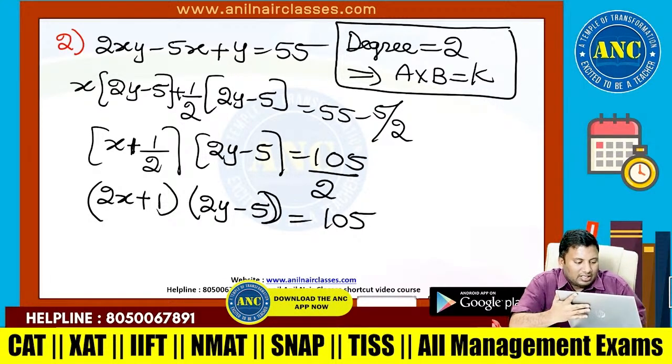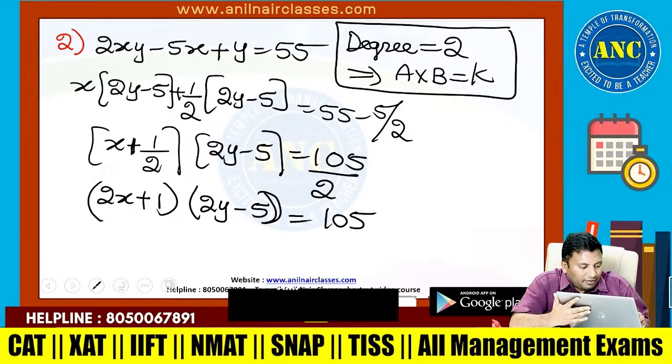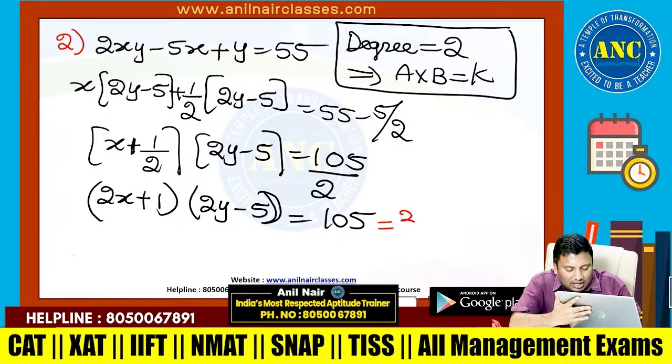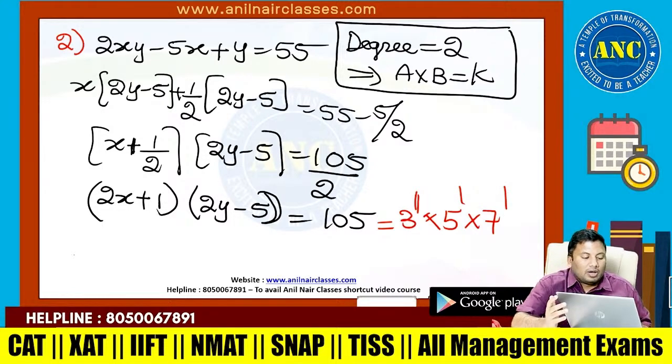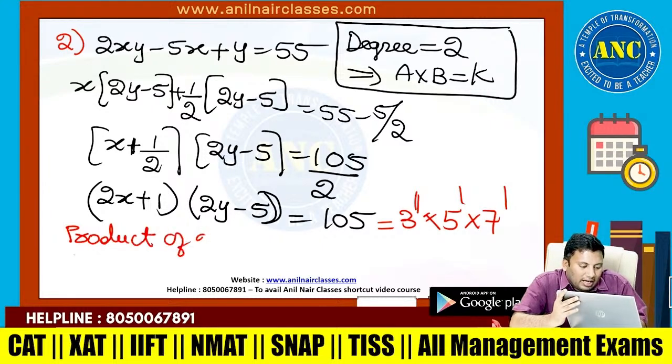Listen carefully here. 105 is 3 into 5 into 7. Just now I discussed a product of two integers. In how many ways can I write a number as a product of two integers?